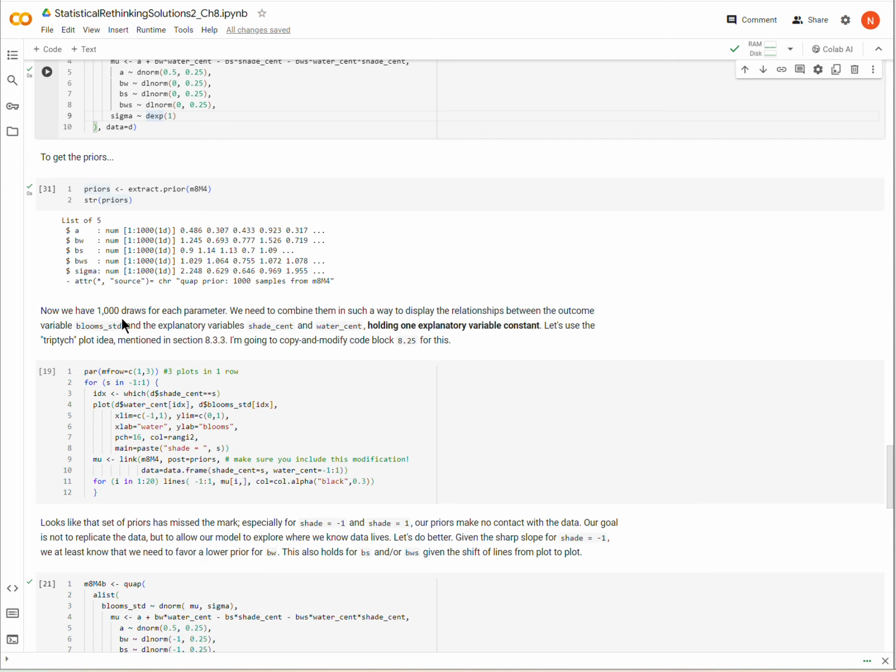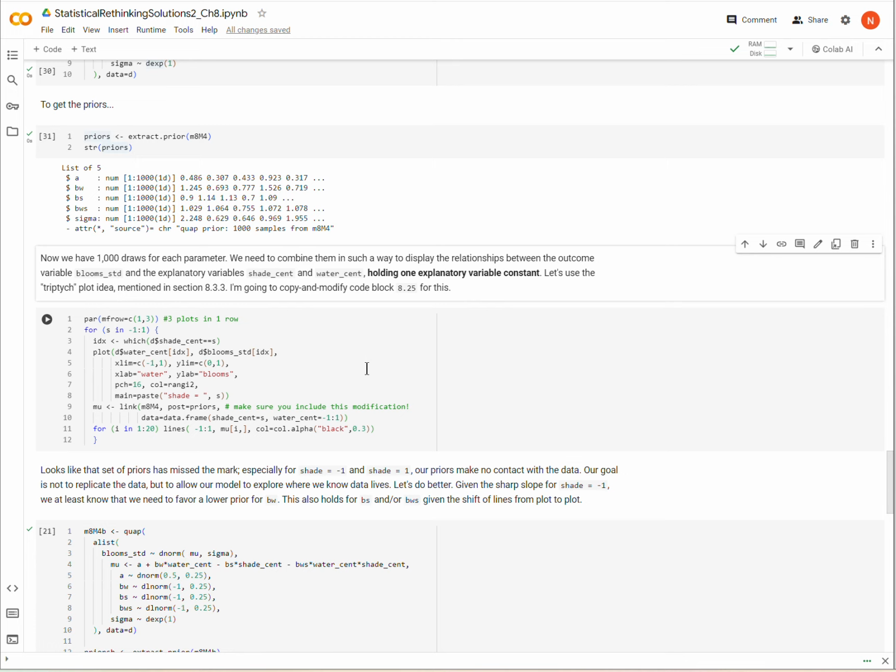So the effect of shade on blooms holding water constant, and the effect of water on blooms holding shade constant. And the book, in fact, with this example in section 8.33, uses the triptych plot idea. And so I'm just copying that code.